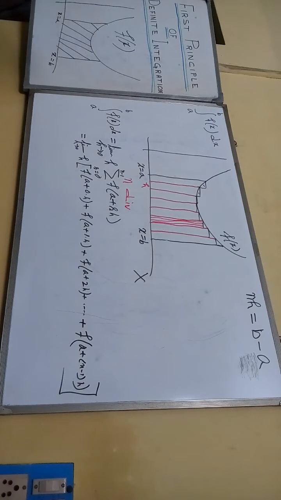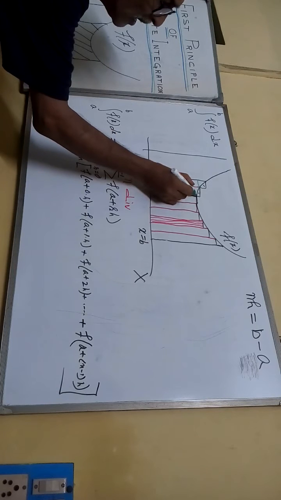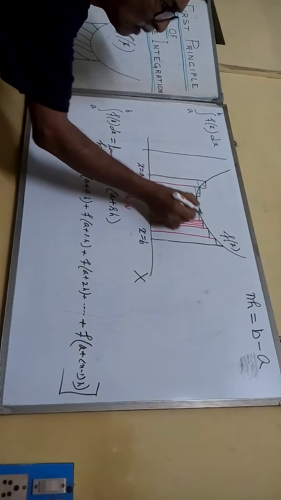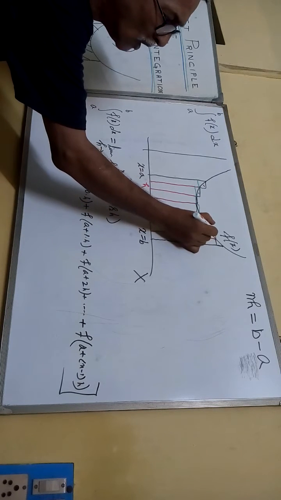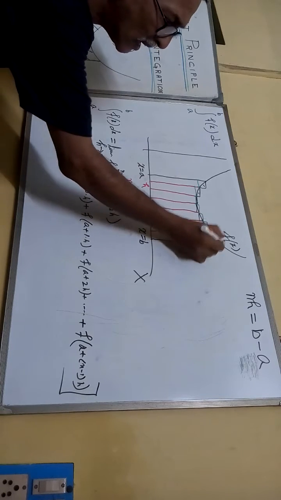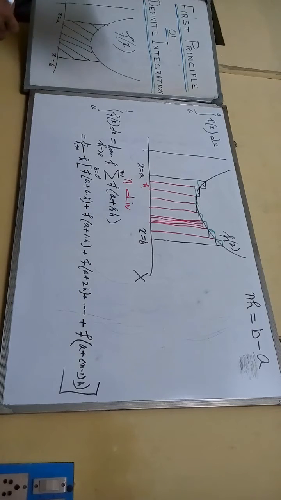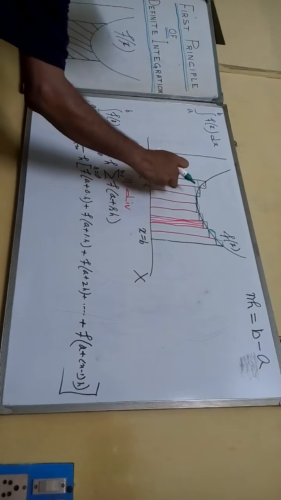There is another method of calculating this. If, instead of these rectangles, we take this one as the first rectangle, this one as the second, this one as the third, fourth, fifth, and go on taking the rectangles in this way, the first rectangle is this one.